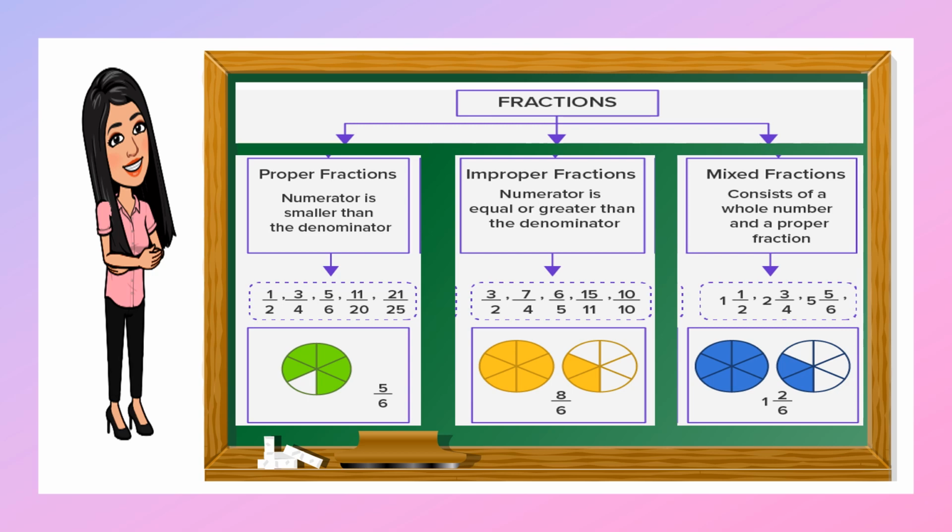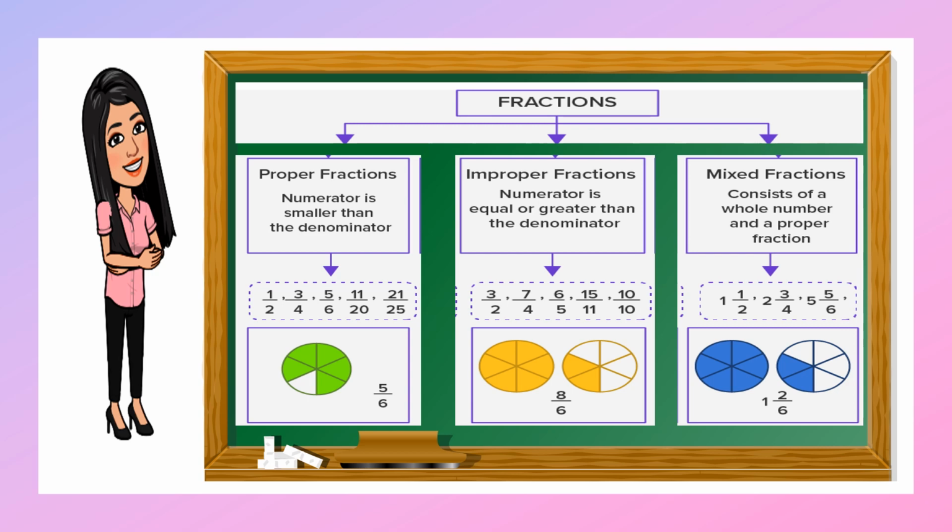And the example that we have, the picture is 1 and 2/6. So, ibig sabihin, kapag sinabing mixed fraction, meron siyang isang buo or more than. It consists of whole number, buong number, at isang proper fraction.